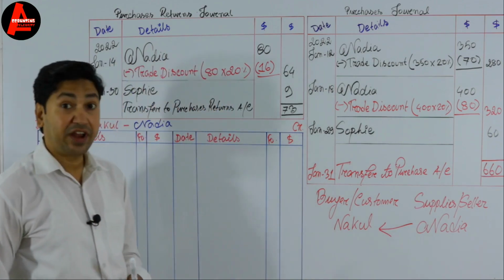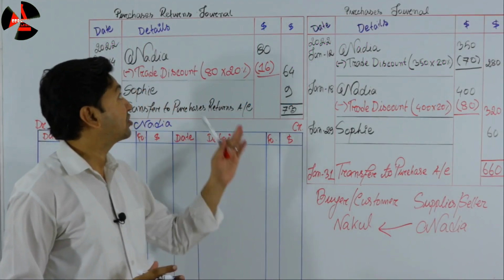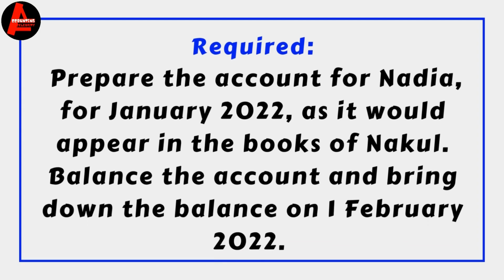So what is the question? The following transactions took place in January 2022. We have 7-8 transactions. We recorded all the transactions in the purchase journal and purchase returns journal. It is written: prepare the account for Nadia for January 2022 as it would appear in the books of Nakul. Balance the account and bring down the balance on 1st February 2022.